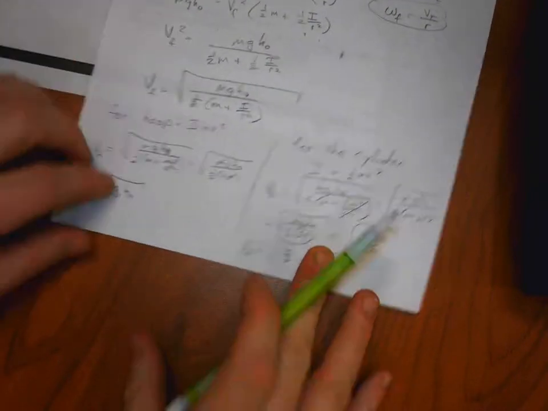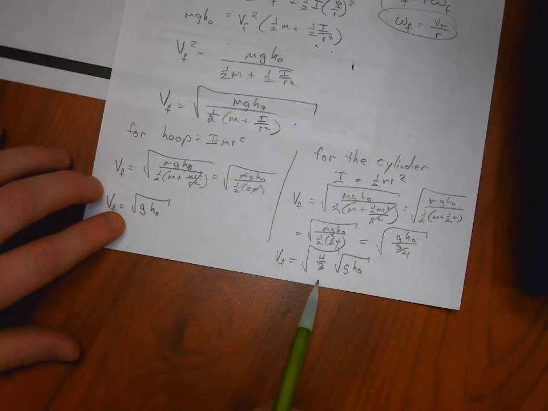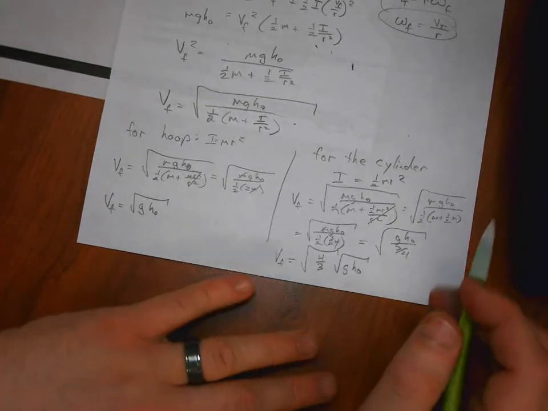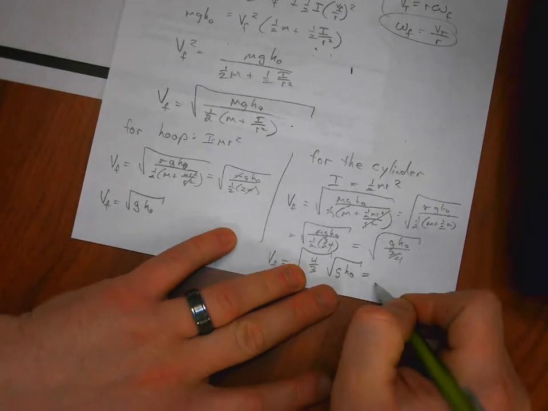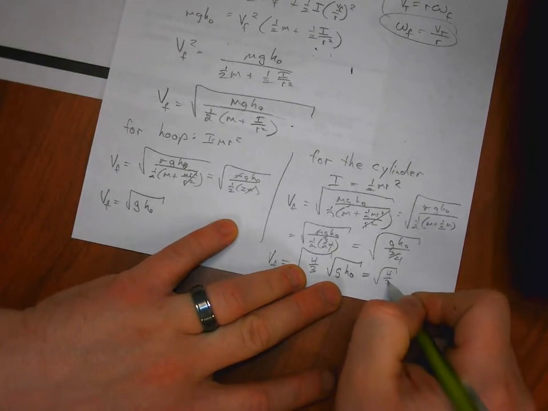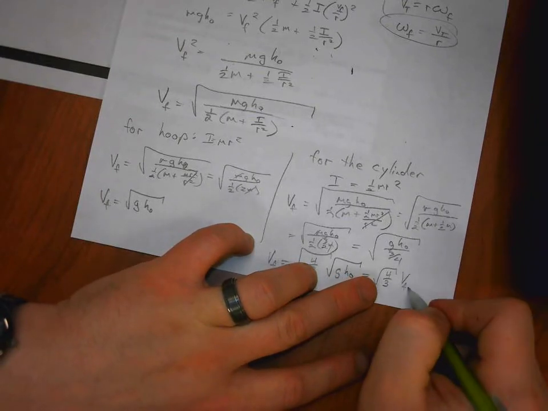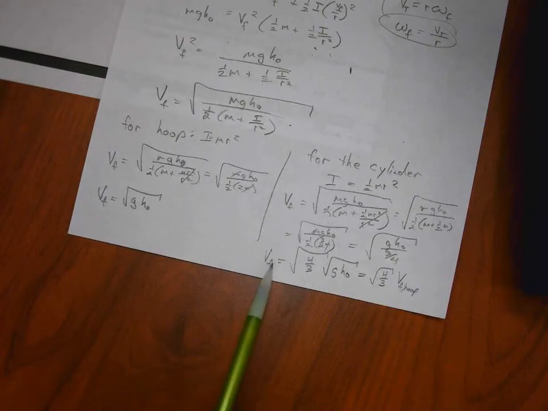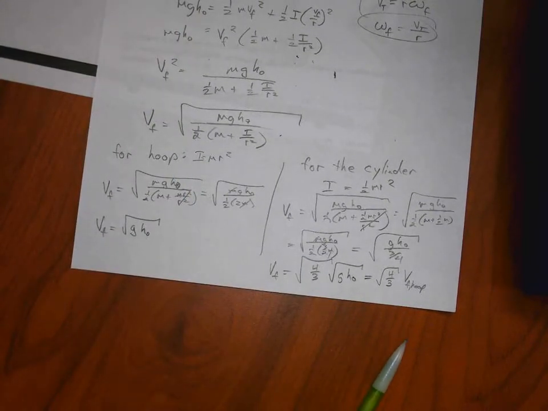So then the cylinder is going to have, well, I can put it like this: square root of 4 over 3 times Vf for the hoop. So this is going to be larger for the cylinder by a factor of square root of 4 over 3, which is greater than 1.